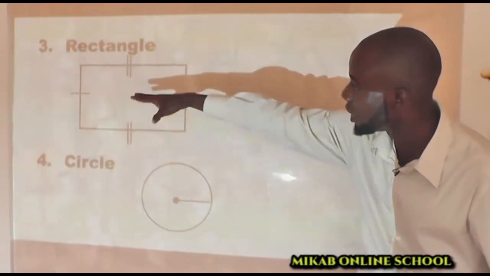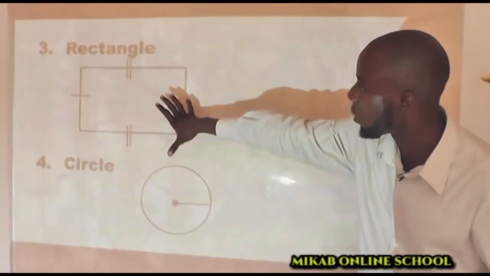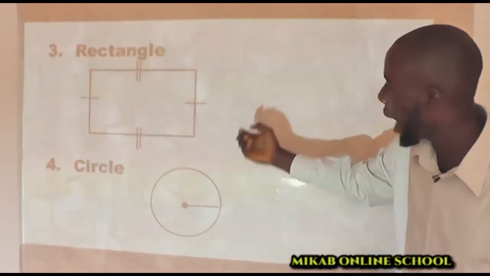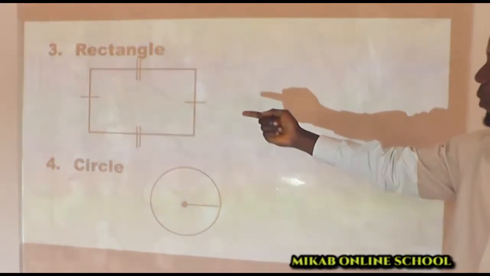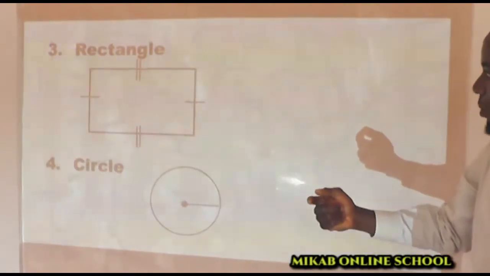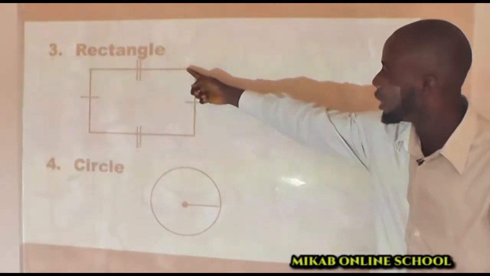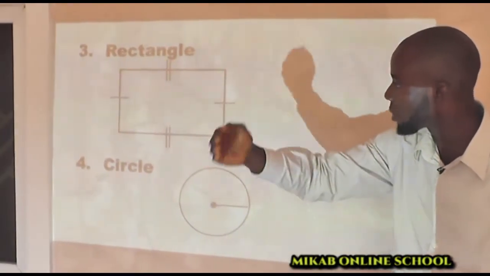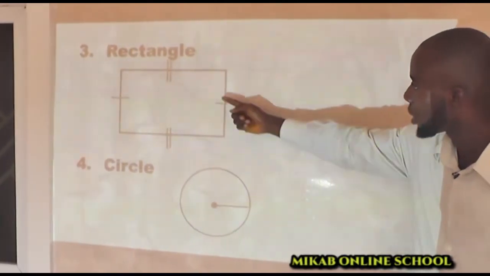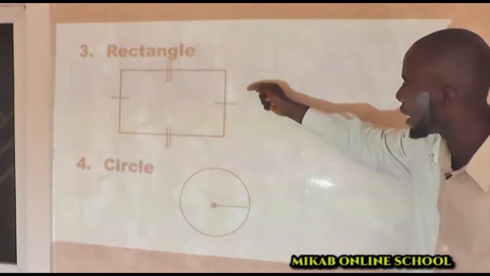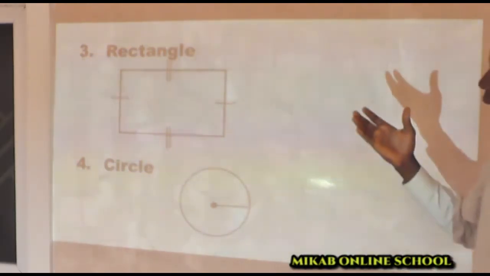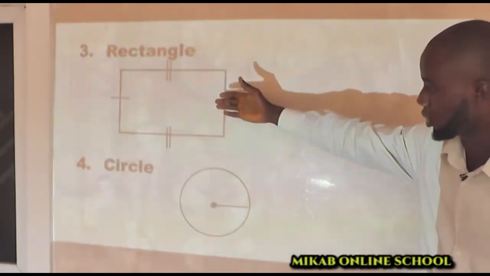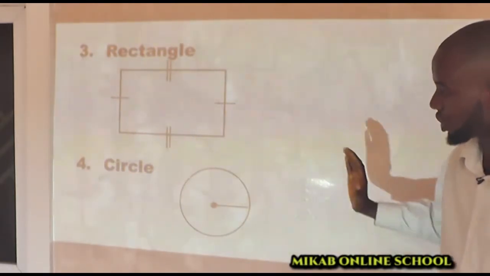That is why the opposite sides of this rectangle are equal. The similarity between this rectangle and a square is that both have included angles of 90 degrees each, and the summation of all will give us 360.